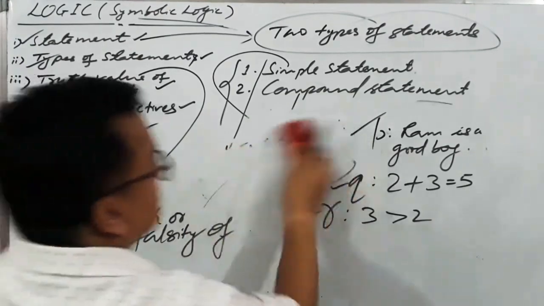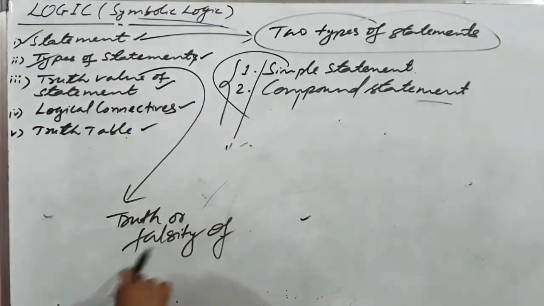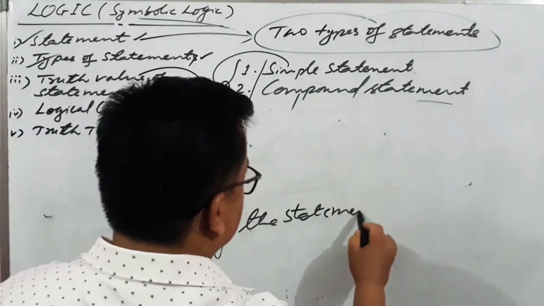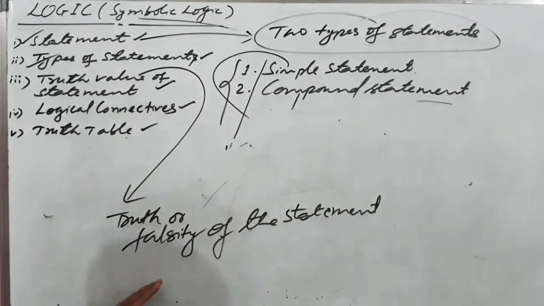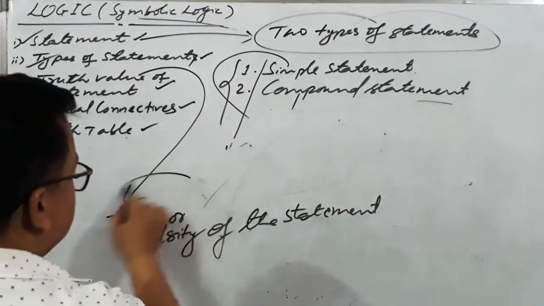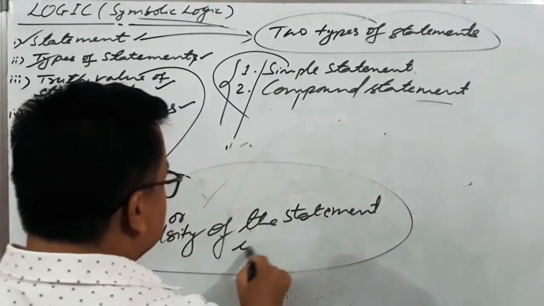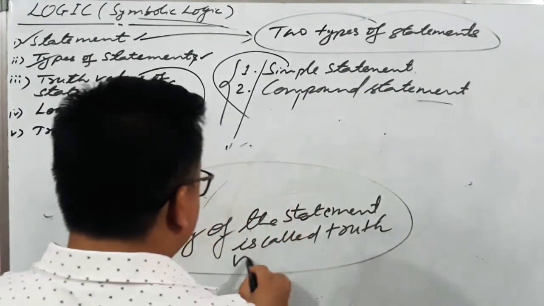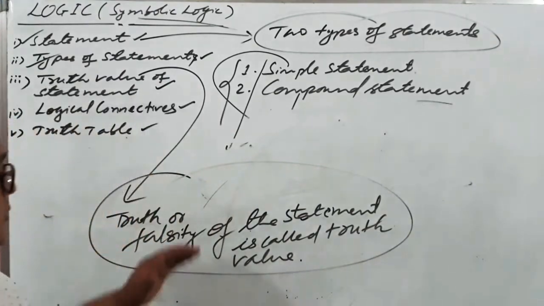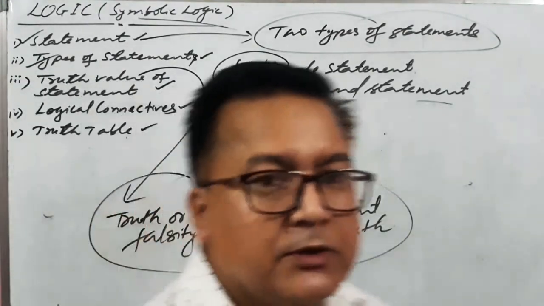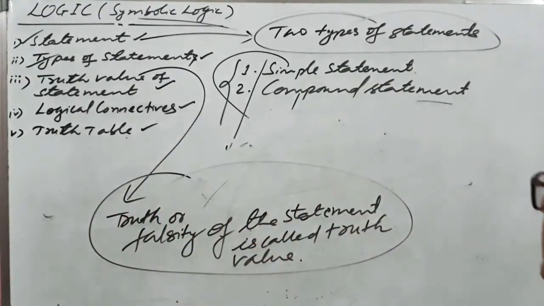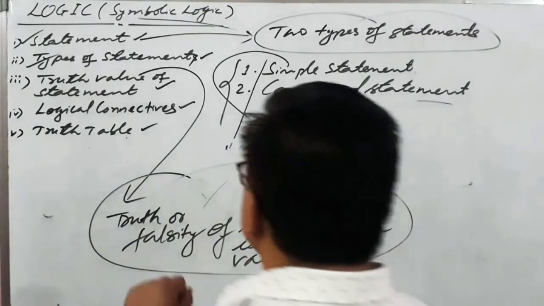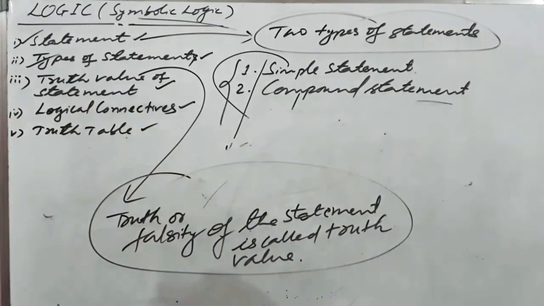The truth or falsity of the statement is called the truth value of the statement. Okay? Truth or falsity of the statement is called truth value.